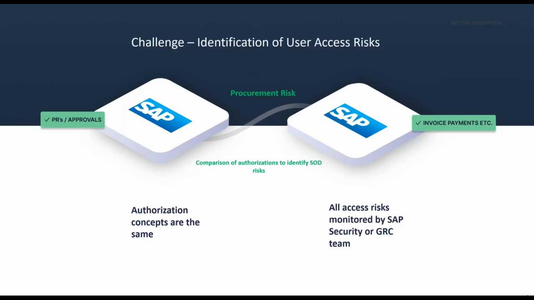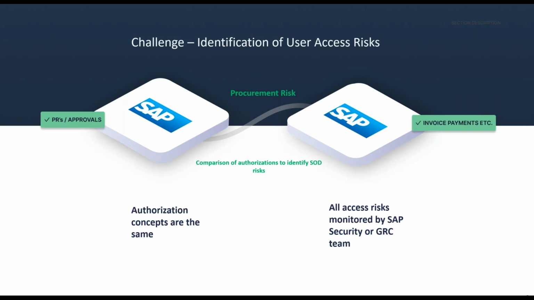When we talk about the challenge, the identification of user access risk, in the good old days, so to speak, Access Control could simply monitor all the users and risk. This was because all the users and risk were managed with SAP Access Control for the security authorizations specific to SAP ERP, whether it was ECC or S4.